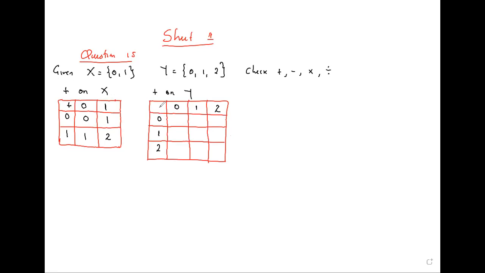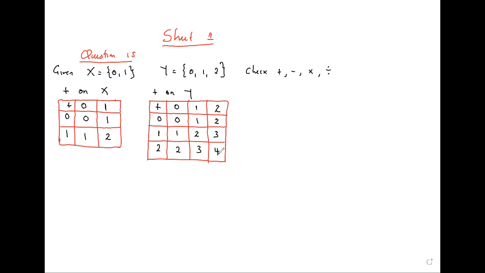Then we put plus on Y. So we start again. 0 plus 0, we get 0. 0 plus 1, 1. 0 plus 2, 2. 1 plus 1, we get 2. 1 plus 2, we get 3. 2 plus 2, we get 4.